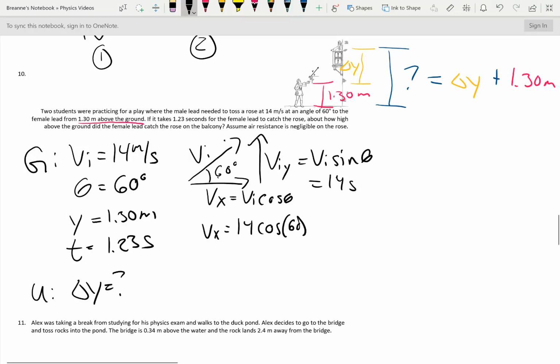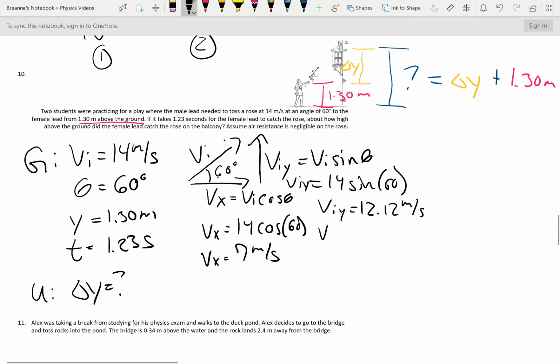This is 14 sine of 60. Just plug that into your handy dandy calculator. Cosine. So that gets you 7 meters per second. And this gets you 12.12 meters per second.